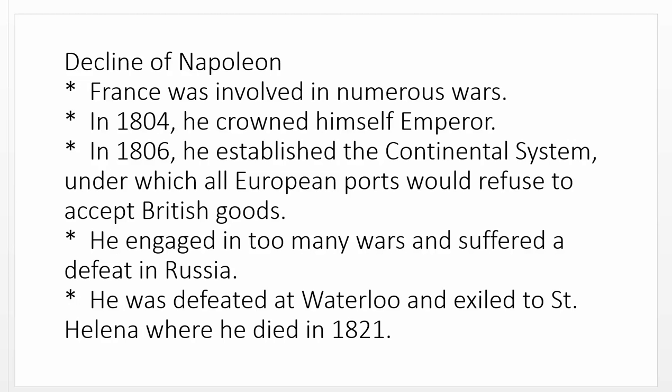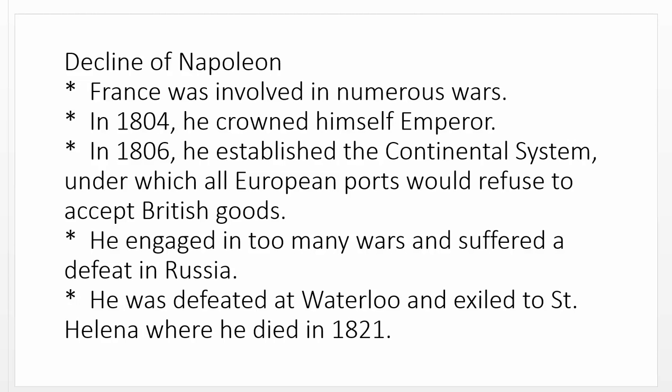In 1806, Napoleon creates the continental system, and what he's trying to do is destroy Britain. So he basically requires that all European ports do not accept any British goods. So now he's trying economically to counter the rivalry with Britain. But he just extends himself far too great.